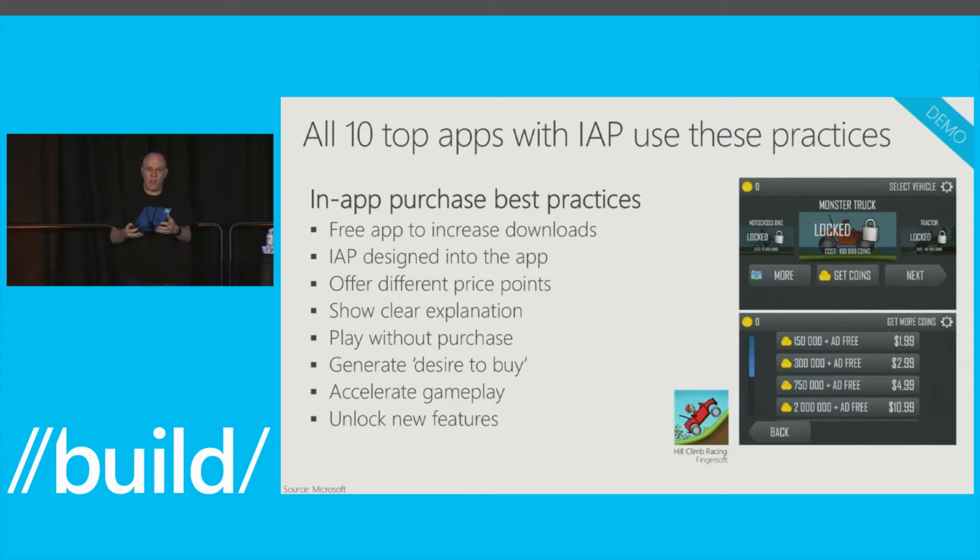The user doesn't feel threatened that you have to buy it to be able to play. But they are still intelligent enough to generate that desire to want to buy more. And then you're able to unlock new features. I'm not saying this is easy, but this is what these games have been able to achieve, and that I think is something you should explore if in-app purchase is something that your game is based on.